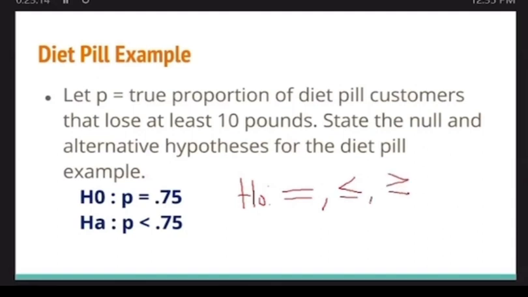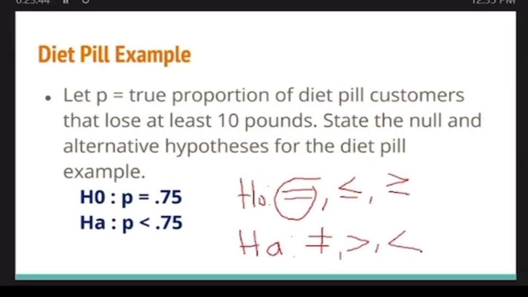But let me tell you this, most of the time, we prefer working with equality, even though it is less or equal or greater or equal. And when it comes to the alternative, there are three possible signs: not equal, greater than sign, then less than sign.